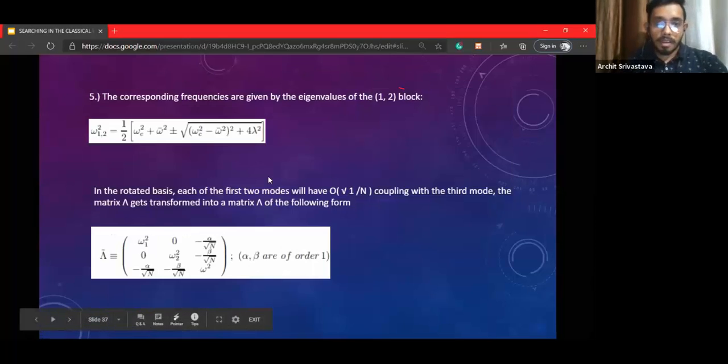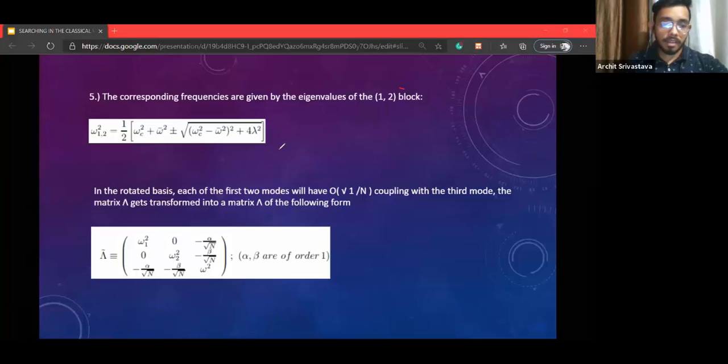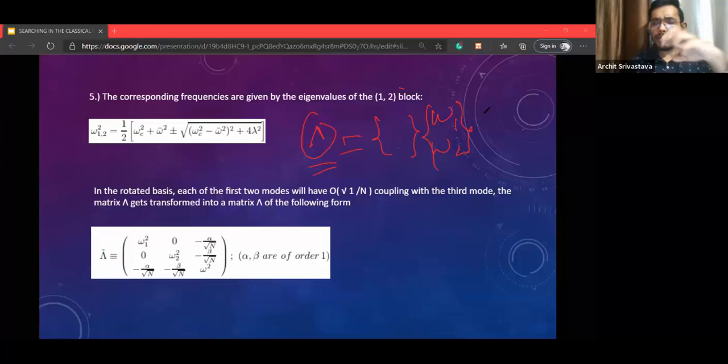Yeah. So what we come across is that after solving the lambda matrix that we had, we get the eigenvalues of the previous lambda matrix. As I said, omega 1 and omega 2 are the frequencies derived from the X matrix and the X bar matrix.